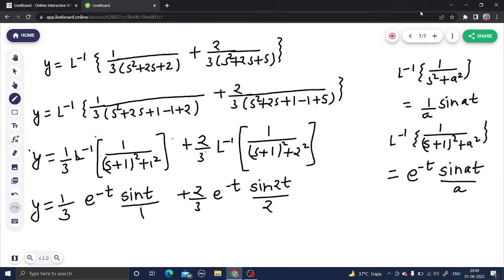Fine. So 2 and 2 we can cancel out, and we can take 1 by 3 e power minus t common. We are getting sine t plus sine 2t.